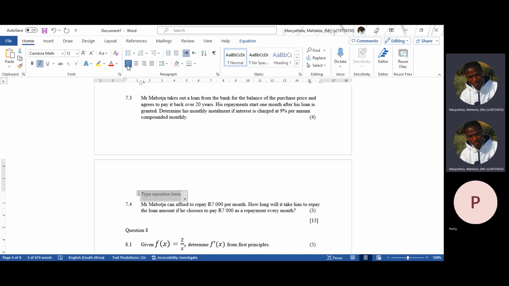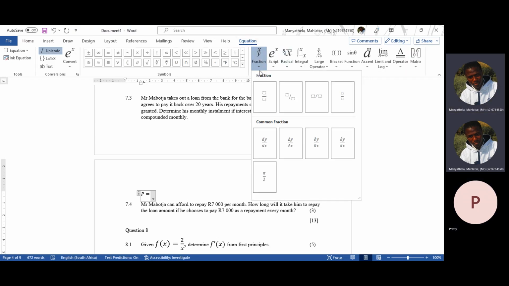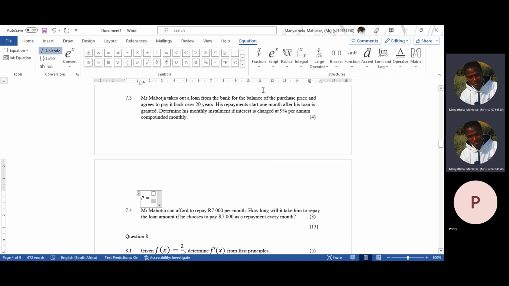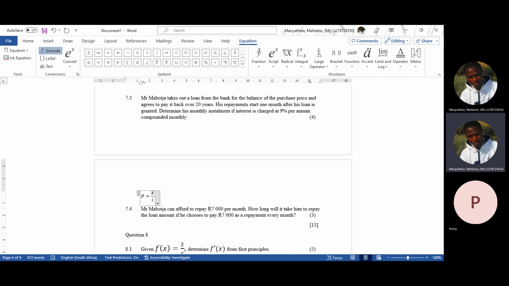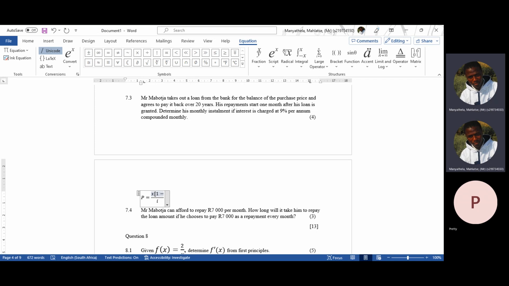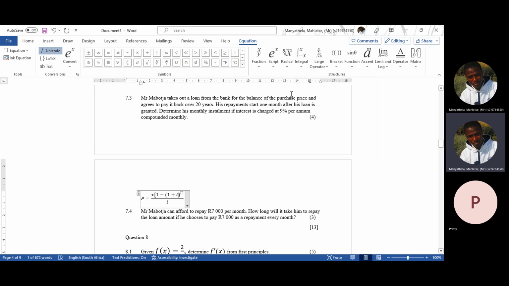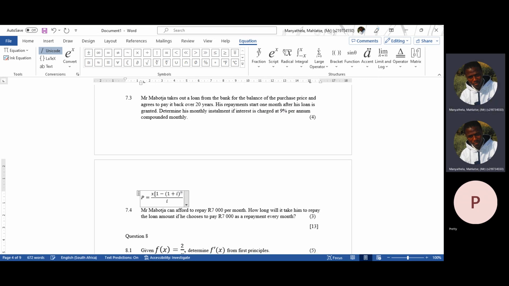It says P equal to X, and then square bracket 1 subtract open bracket 1 plus i, close bracket to the exponent negative n, square bracket.